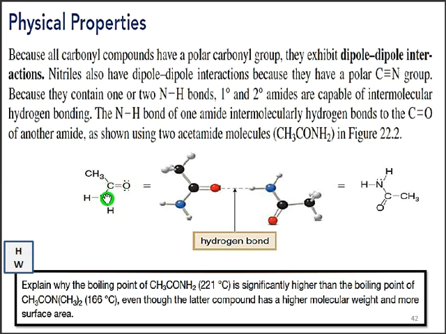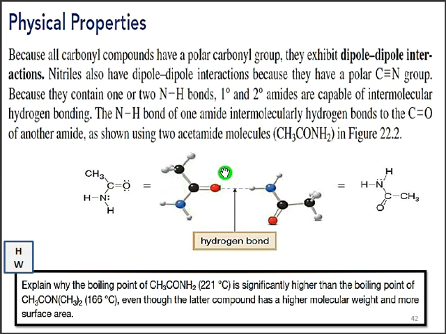And the primary amide compound has the ability to make hydrogen bonds with the carbonyl group of another molecule, like this hydrogen bond between the hydrogen on the nitrogen of the first molecule with the oxygen of the carbonyl of the second molecule.